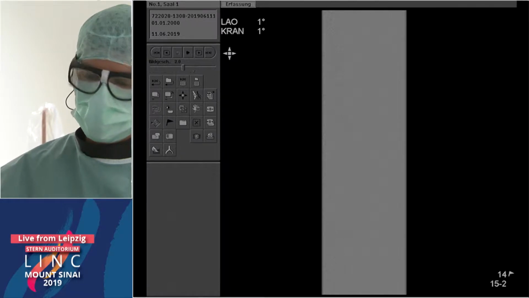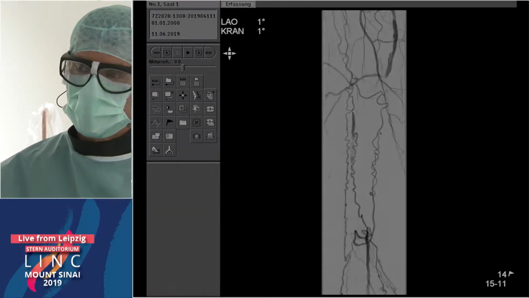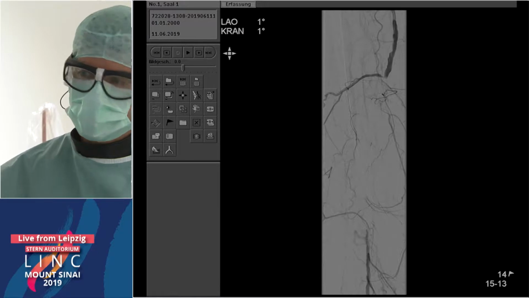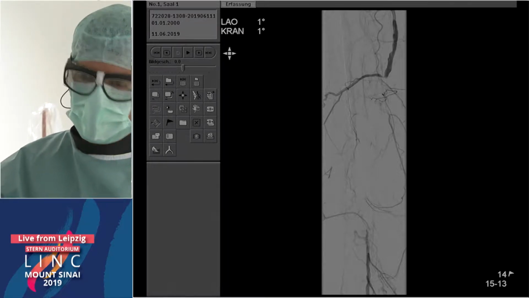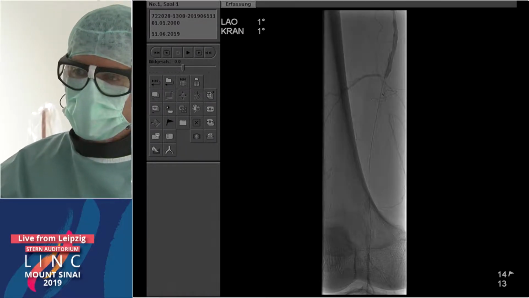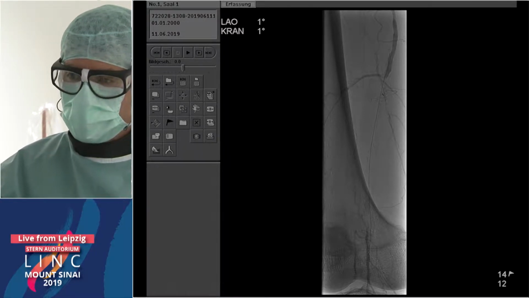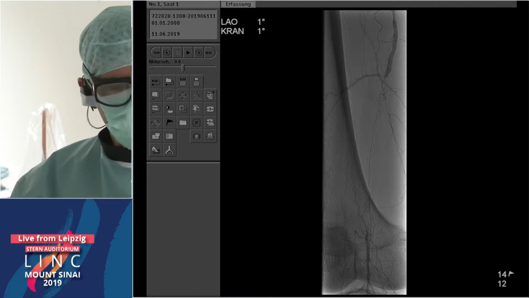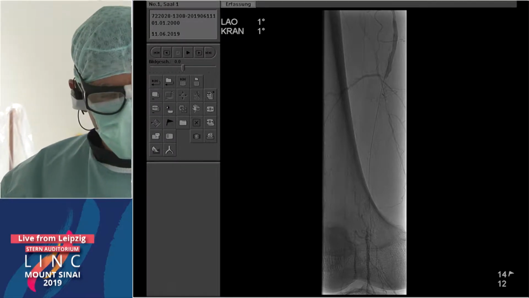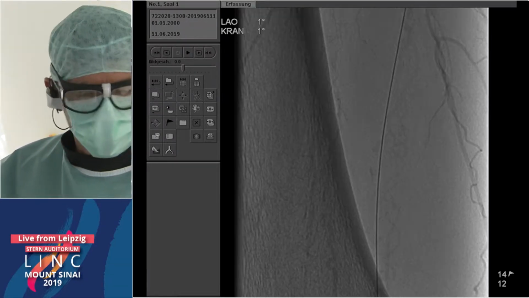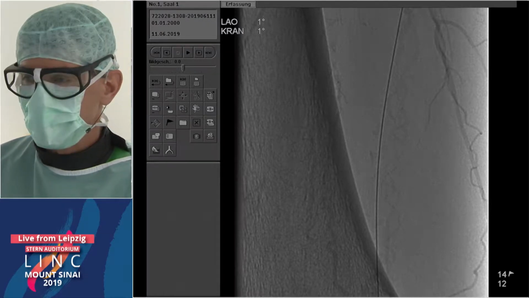Maybe I'd like to discuss one point. Here you can see once again the lesion, very small distal. And here's some calcium, especially proximal and distal. So what do you think? If you see here now the distal portion, would you be happy with this?